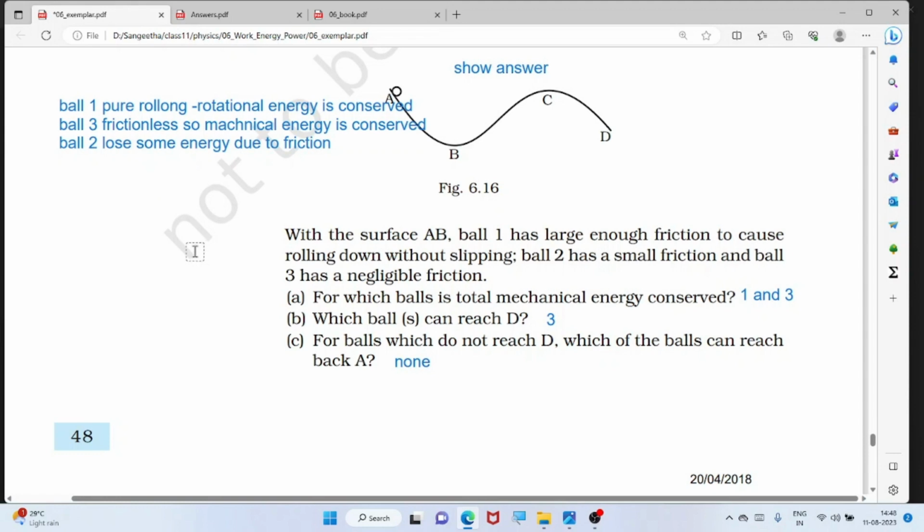Of the balls which do not reach D, which of the balls can reach back A? None of them can reach back A, because the rotation energy would have to be opposite now, which is not possible, and ball 2 loses some energy.